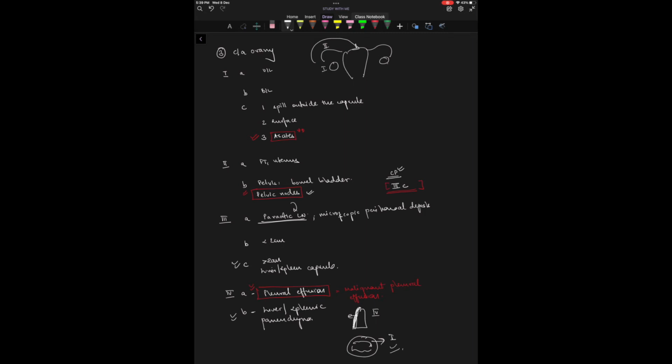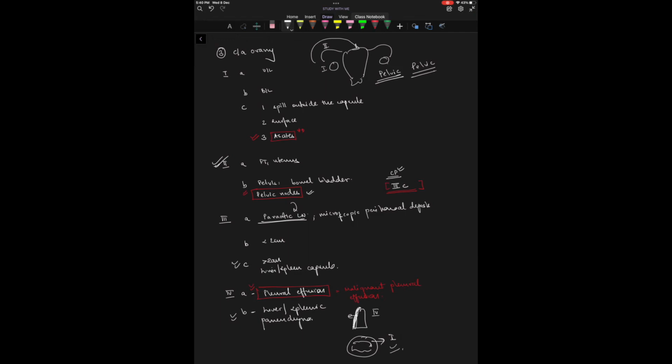Then stage 2B will be the involvement of pelvic structures like bowel and bladder. Alright, and here, because pelvis is stage 2, pelvic lymph nodes also come here. Remember, 2 is pelvis. Okay, you have to remember this. Then with pelvic bowel and bladder, pelvic lymph nodes will also come here.